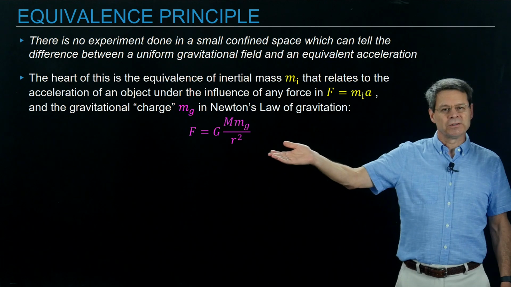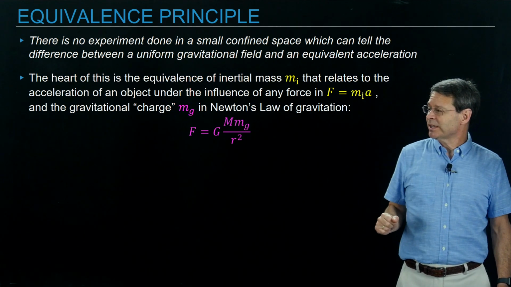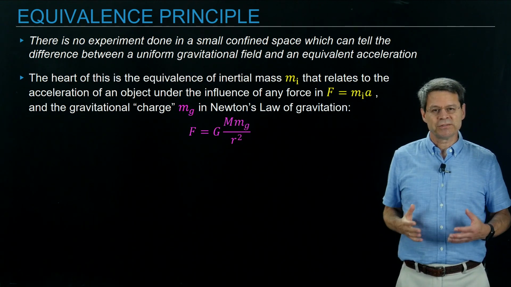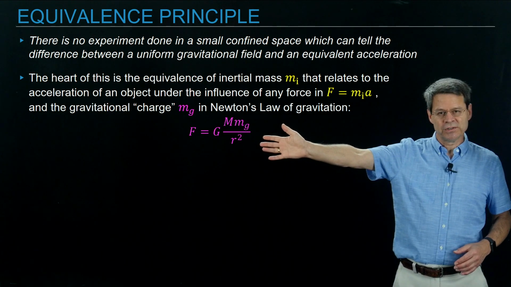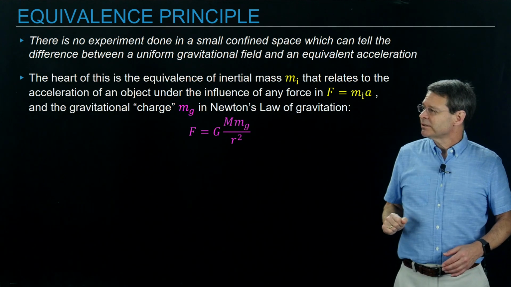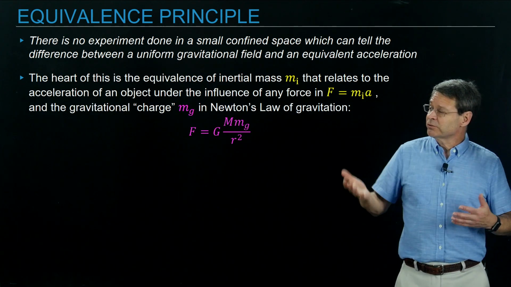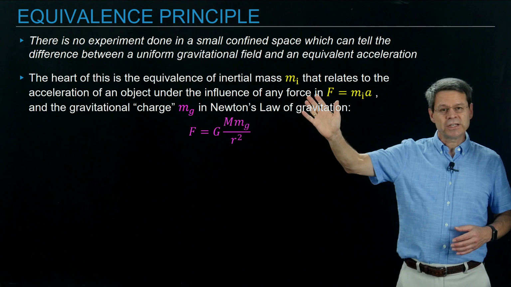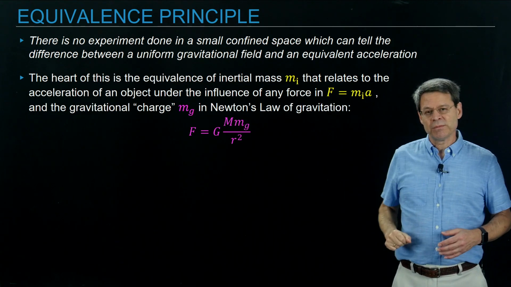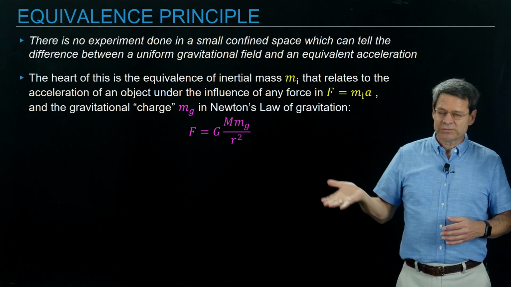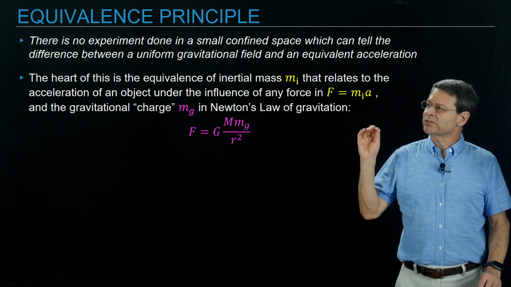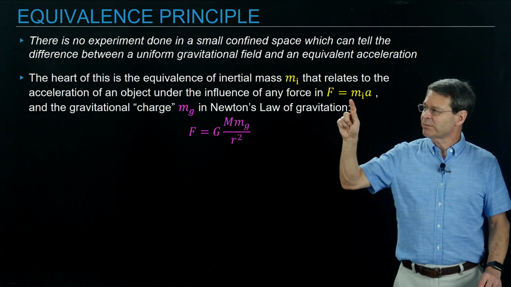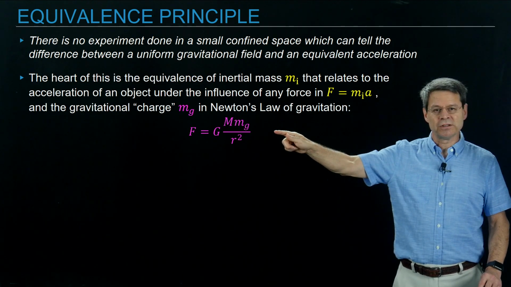So say you're near the Earth with mass capital M, you have gravitational mass m_g. The force between you and the Earth is given by Newton's law of gravitation. But that also causes you to undergo some acceleration, right, by Newton's second law, F equals m_I a, your mass times acceleration. And we're essentially saying, can we tell the difference between the mass in F equals ma and the mass in the law of gravitation?